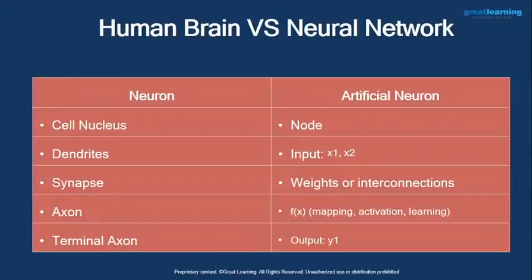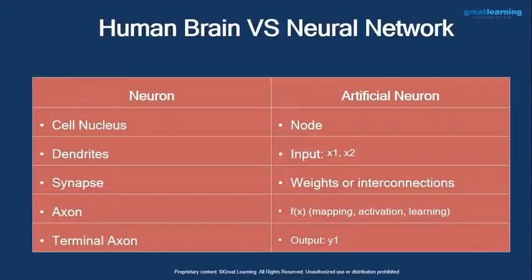In the human brain we have synapses, which we replace with weights or interconnections. These weights and bias help us calculate the inputs. This is the main part of an artificial neural network.